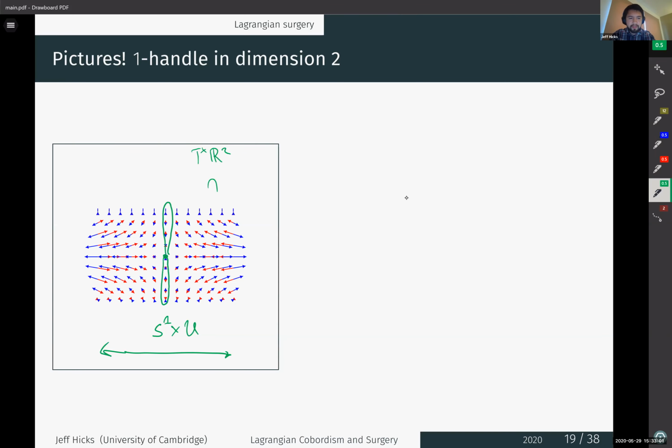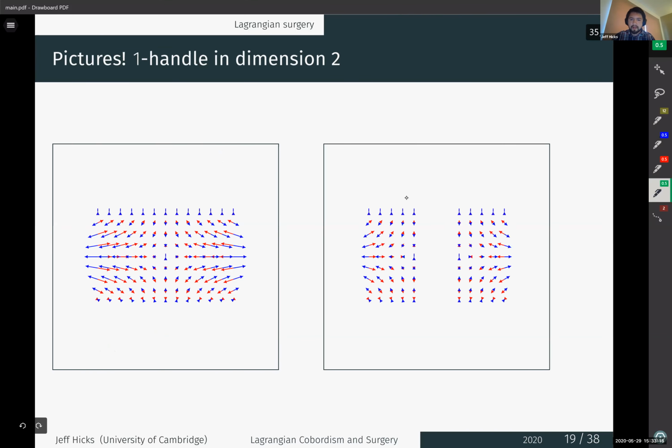And so what I want to do is I want to take the edge of this, cut out everything in the middle, and replace these sections over here with the null cobordism for the Whitney S1. And if you do that, you'll get this Lagrangian over here on the right side. So notice that it matches the previous example at the boundary, but I've removed the area where I previously had a Whitney S1.